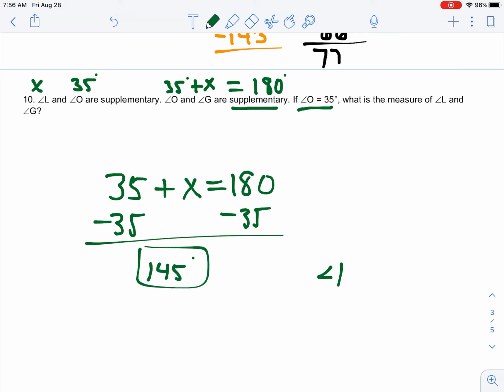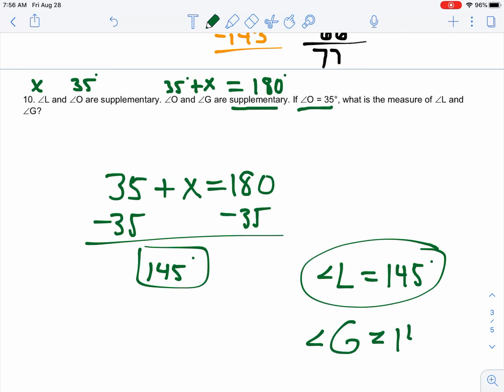So, angle L equals 145, and angle G equals 145. All right, so supplementary adds up to 180.